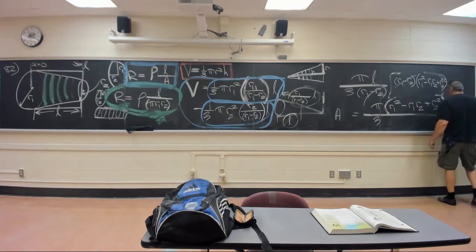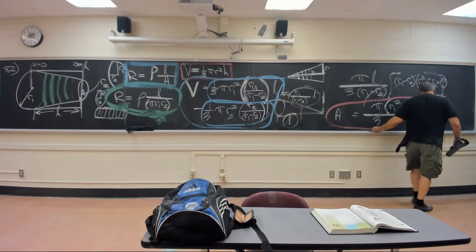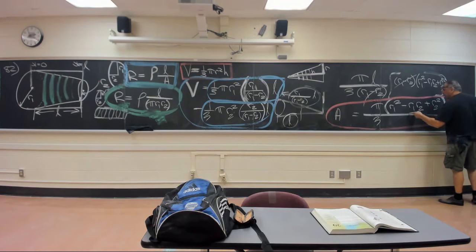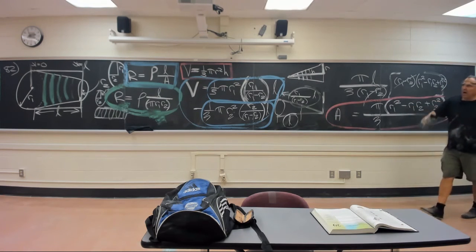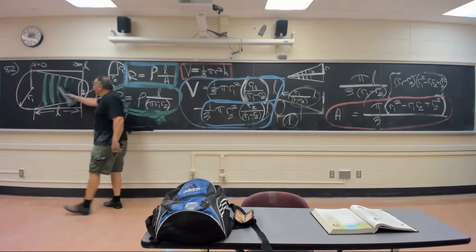What does that mean? What that means is, if you multiply this average cross-sectional area by L, you'll get the volume of that truncated cone, of this thing right here.